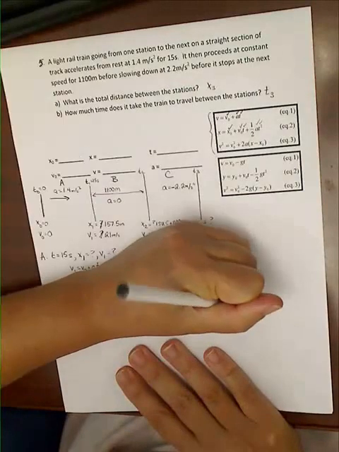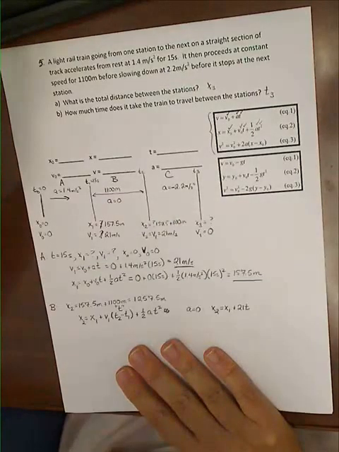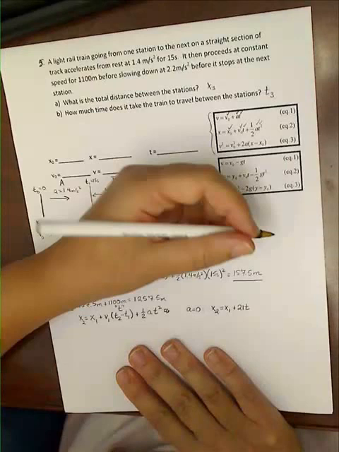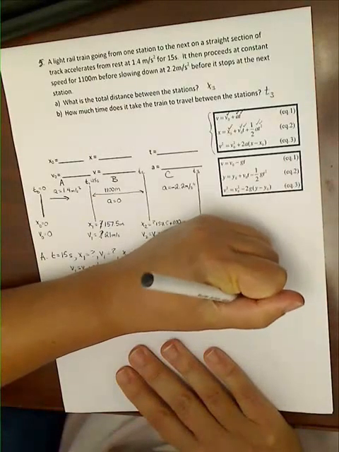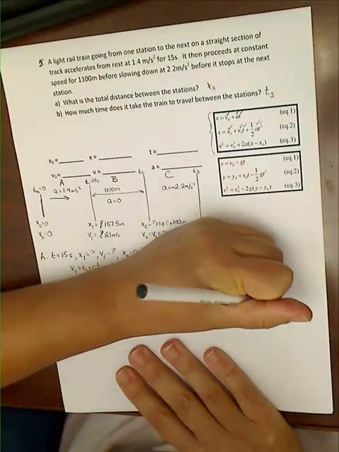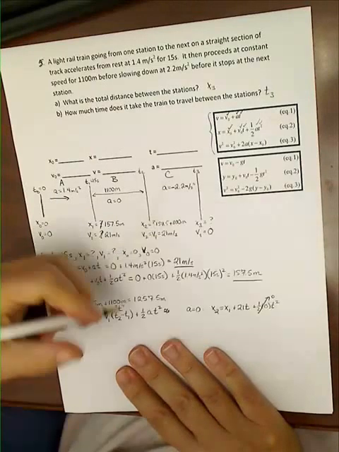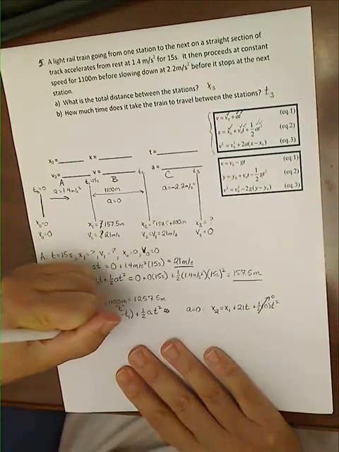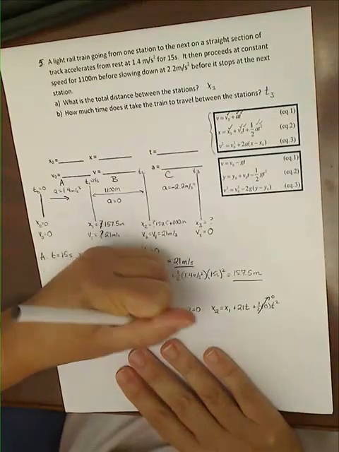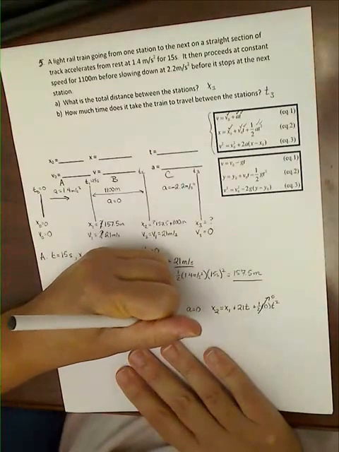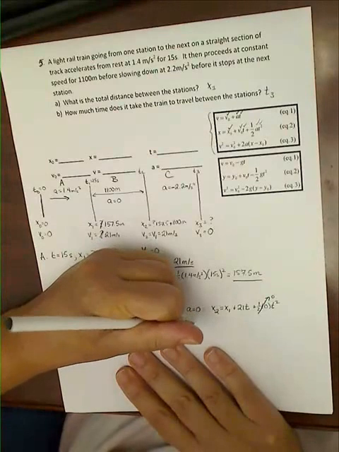And again, I'm going to replace t2 minus t1 as t. And 1/2 at squared is going to be 1/2 0 times t squared. So that just disappears. So my equation now is x2 is equal to x1 plus 21t. So that means that t is equal to x2 minus x1 over 21.